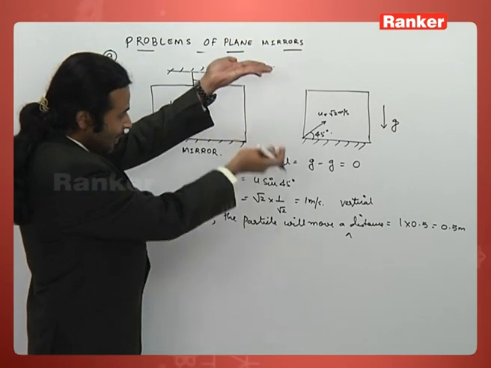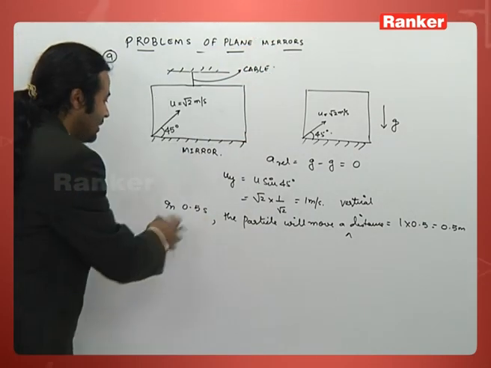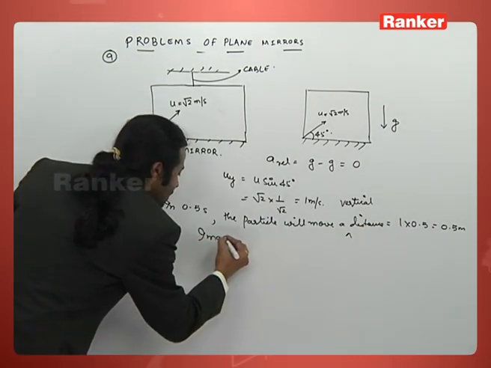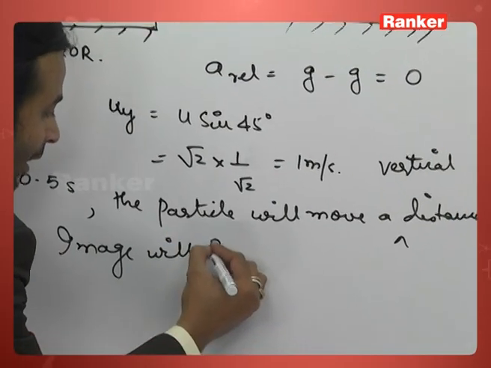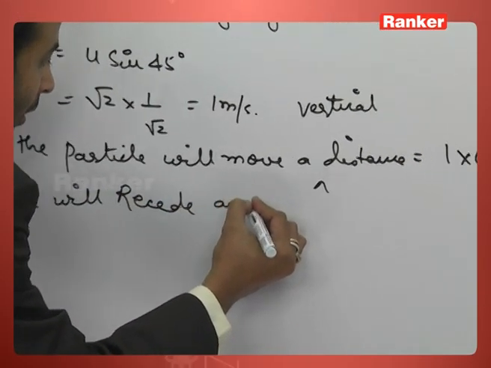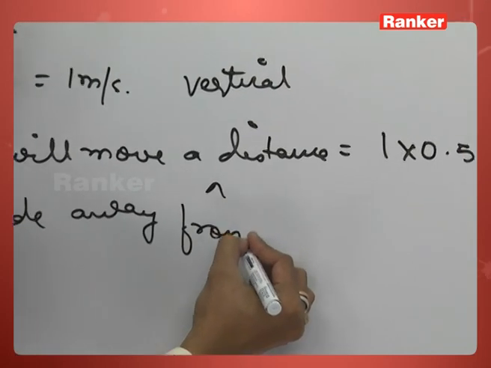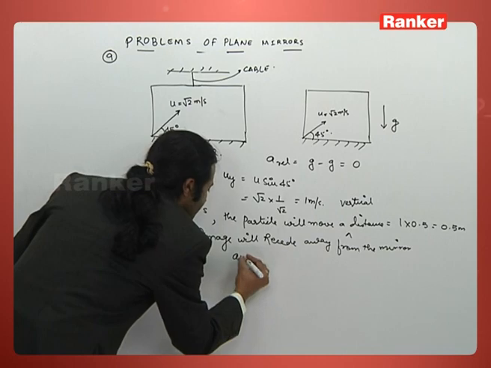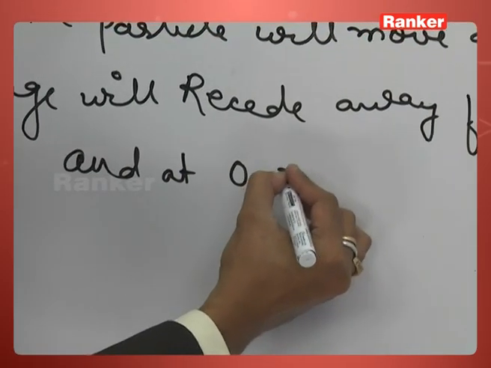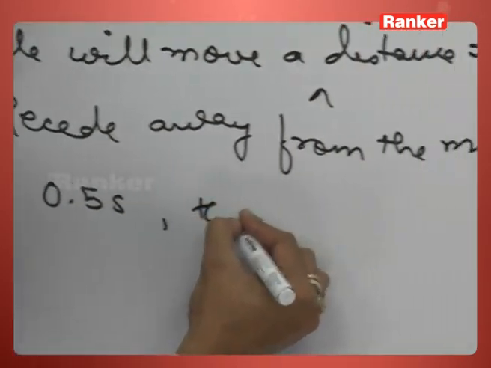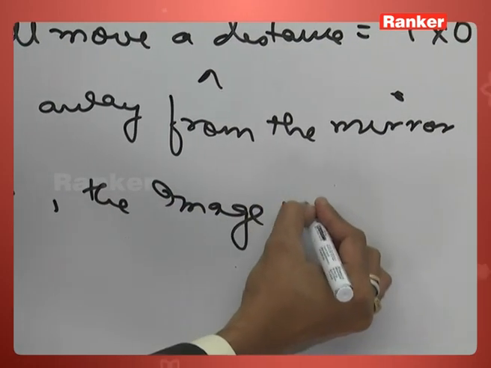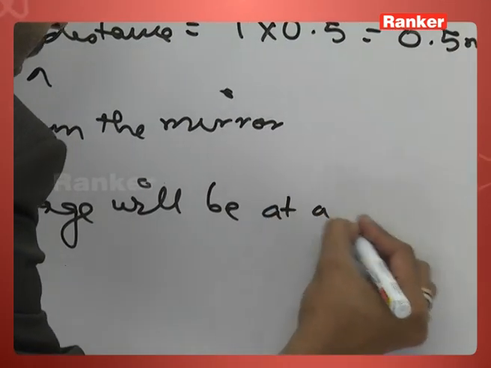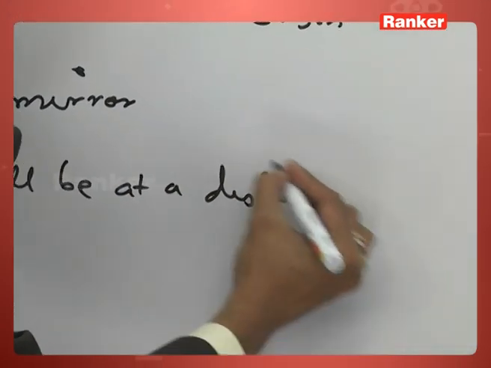So obviously the image will also move, and since the particle is moving a distance of 0.5 meter, the image will recede away from the mirror, and at 0.5 seconds the image will be at a distance of 0.5 meter.